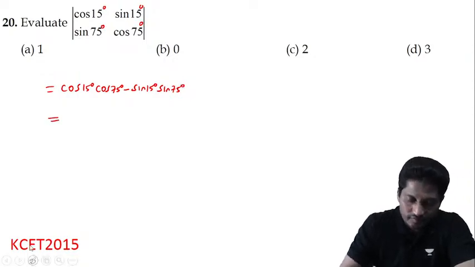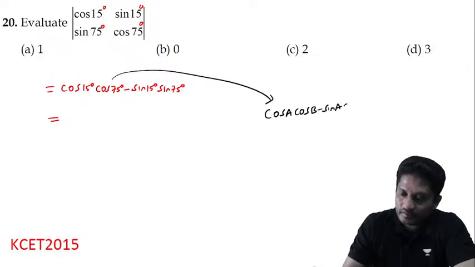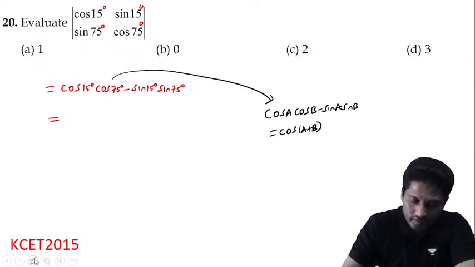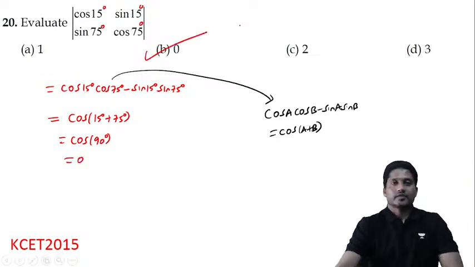So this is of the form cos A into cos B minus sin A into sin B, which is equal to cos of A plus B. Okay, so this fellow cos of A plus B means cos of 15 plus 75 equal to cos 90. Okay, and cos 90 is 0. Answer is option B. Let's move to the next question.